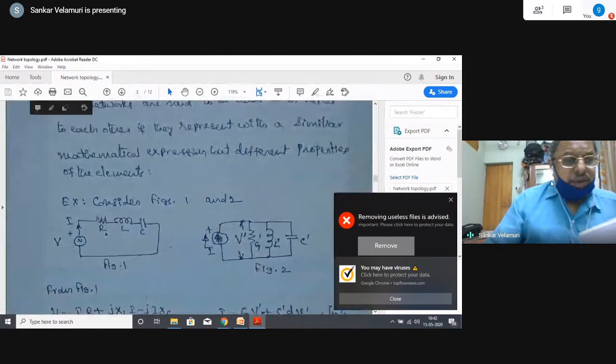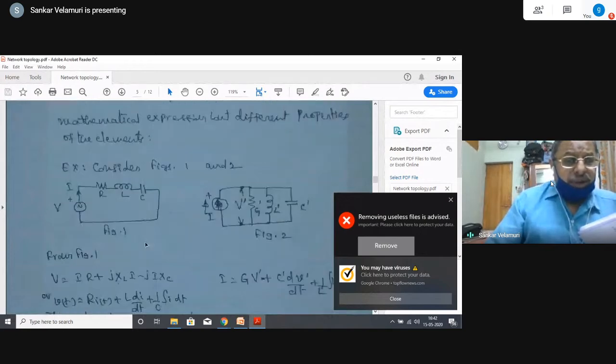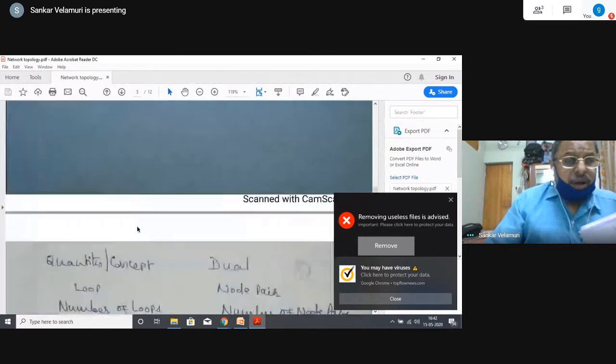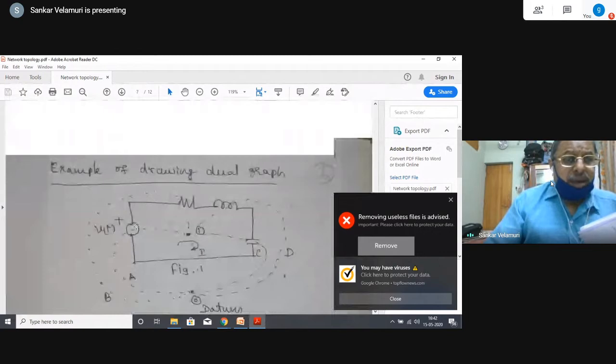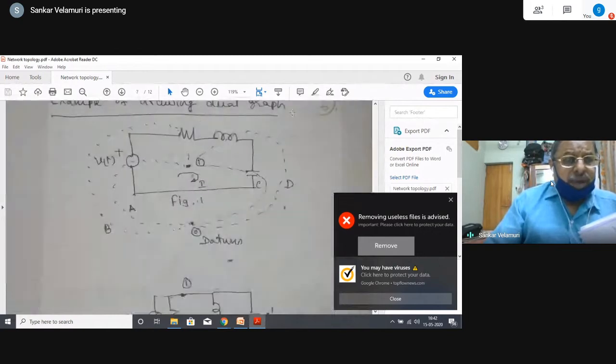These synonymous circuits are being given in the sense that this circuit and this circuit have some properties. They are called dual properties. But how we have drawn this is based on this particular one. I have already explained dual properties, but from the circuit and this diagram I can explain. Earlier I have shown the dual network. Now the procedure I have given, right?